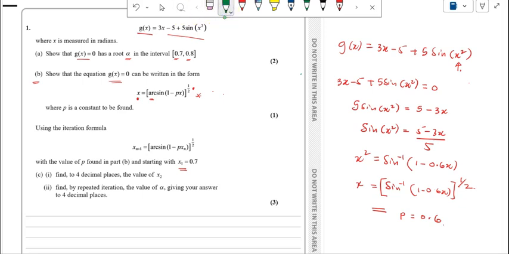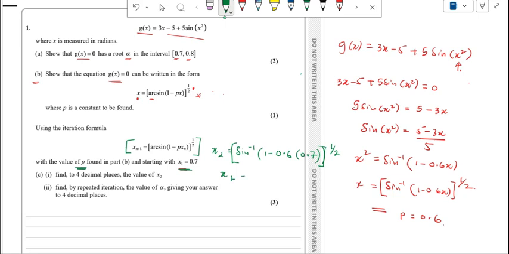Part C is asking us to find the value of p, using this as our iteration. We're starting from x1 as 0.7. That means to get x2, we are going to substitute x1 into arc sine, that's sine inverse, or sine minus 1, of 1 minus 0.6 times xn, where xn is x1, which is 0.7, and all of it is under a root, which is power of a half.